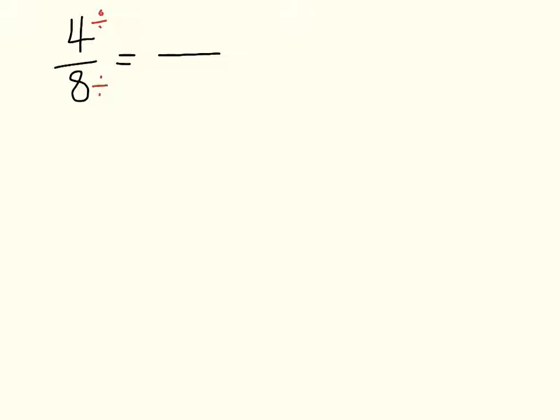Well, I'm going to divide by 2. Well, actually, no. I'm going to divide by 4. Make it simple. See if I can divide by 4. 4 divided by 4 gives me 1. 8 divided by 4 gives me 2. 4/8 is equal to 1/2.